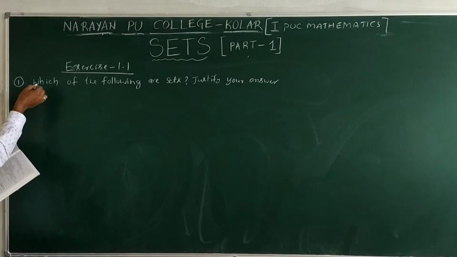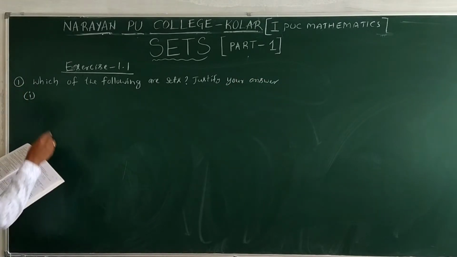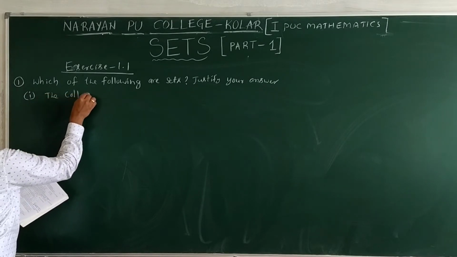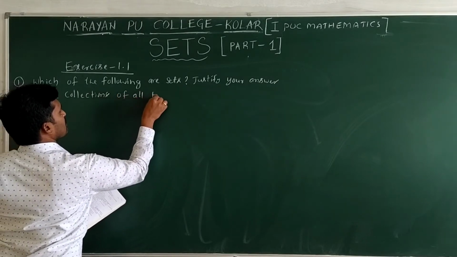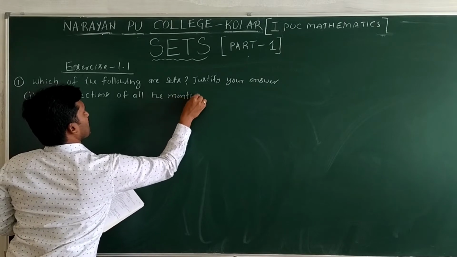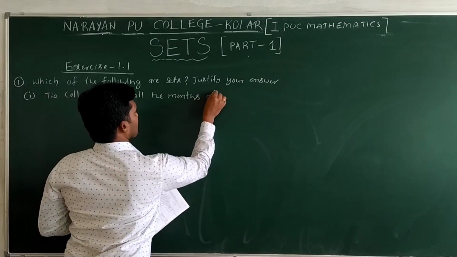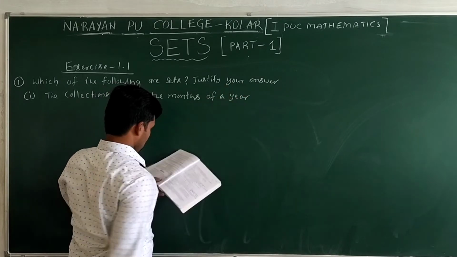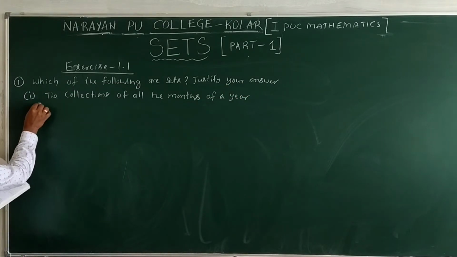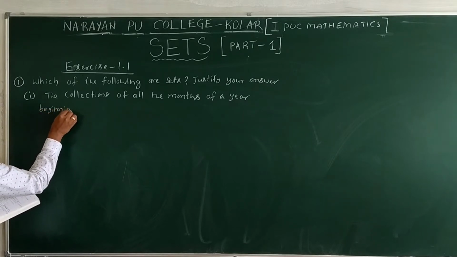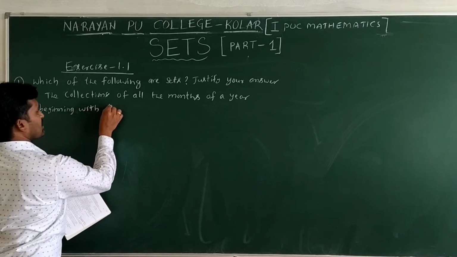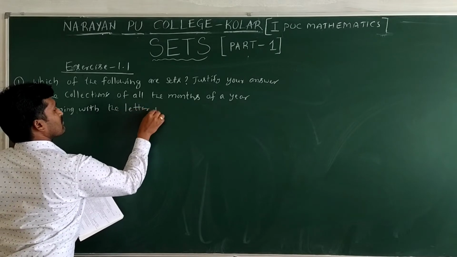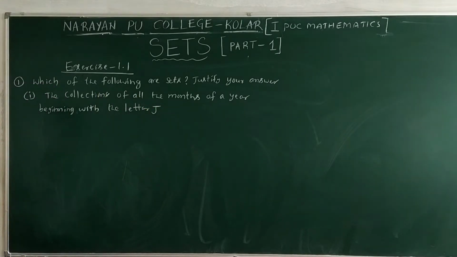In this first one: the collection of all the months of a year beginning with the letter J. We need to identify whether this is a set or not.